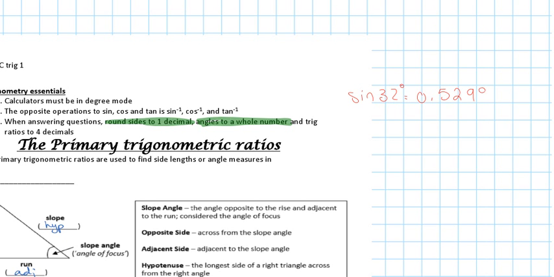Perfect. So when I say sine of an angle, you're going to have to put it to 4 decimal places. Or if it asks you to find cosine of this, you're going to have to leave it to 4 decimal places. If you're finding an angle, the angle should be to the nearest degree, no decimals. We're going to talk about this in a second.